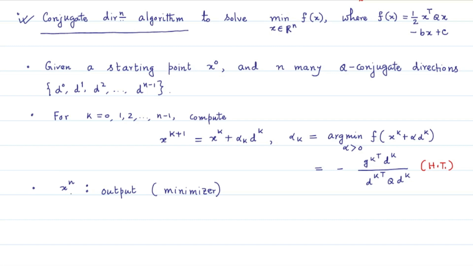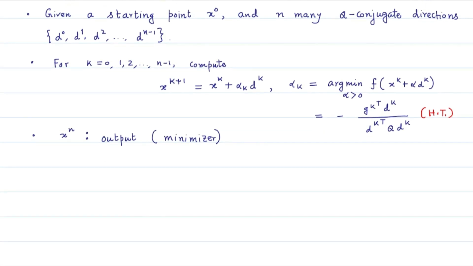And therefore, certainly, this conjugate direction algorithm has the quadratic termination property. We shall now prove this quadratic termination property, and that will certify that this xn is indeed the global minimizer of a quadratic function with positive definite Hessian.